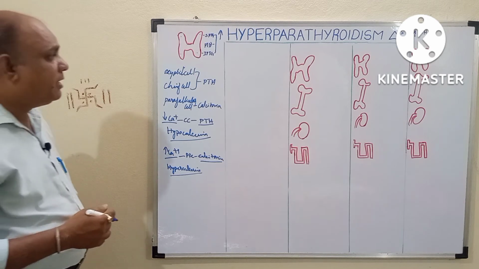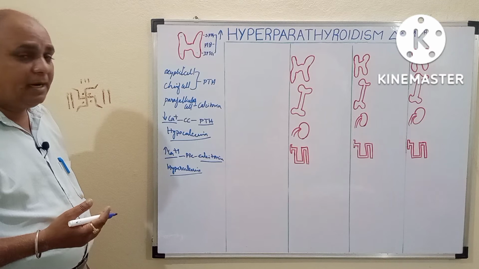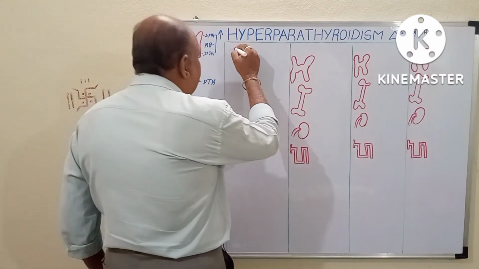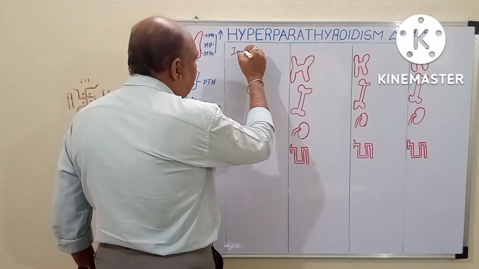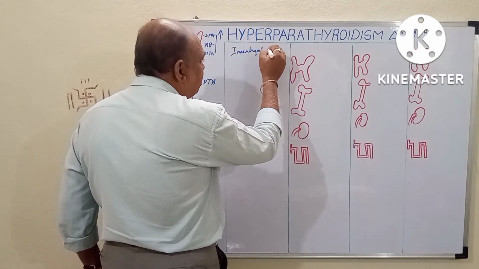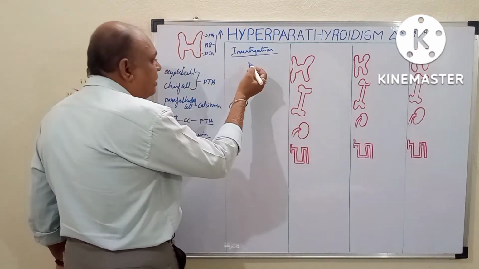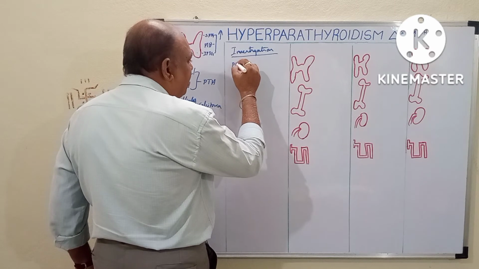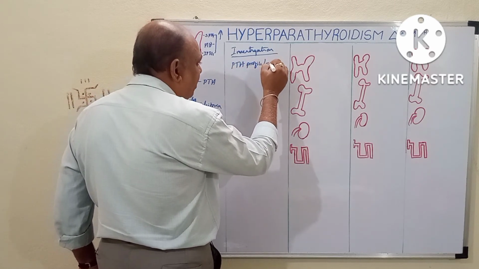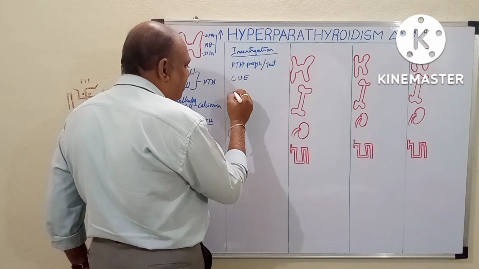Now, let's get into the hyperparathyroidism diagnosis. Before getting into the diagnosis part, there is a list of investigations which may help us to study hyperparathyroidism. What are they? One, parathyroid hormone profile or test. Two, complete urine examination.